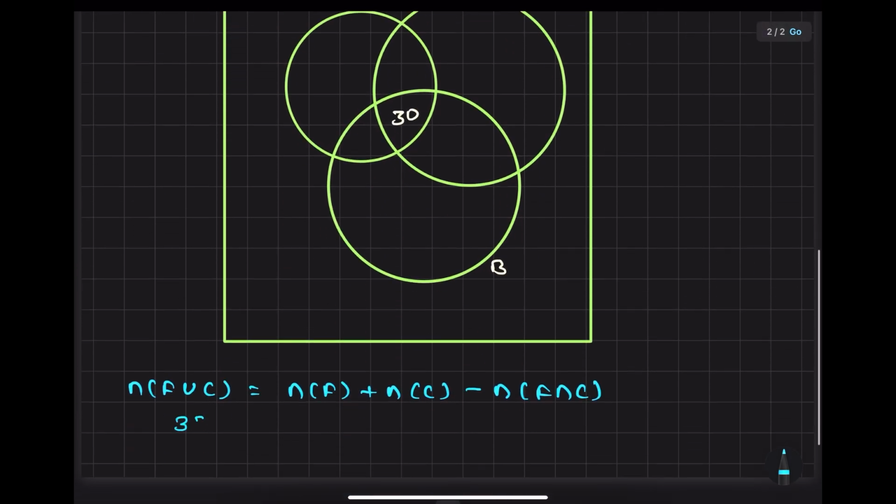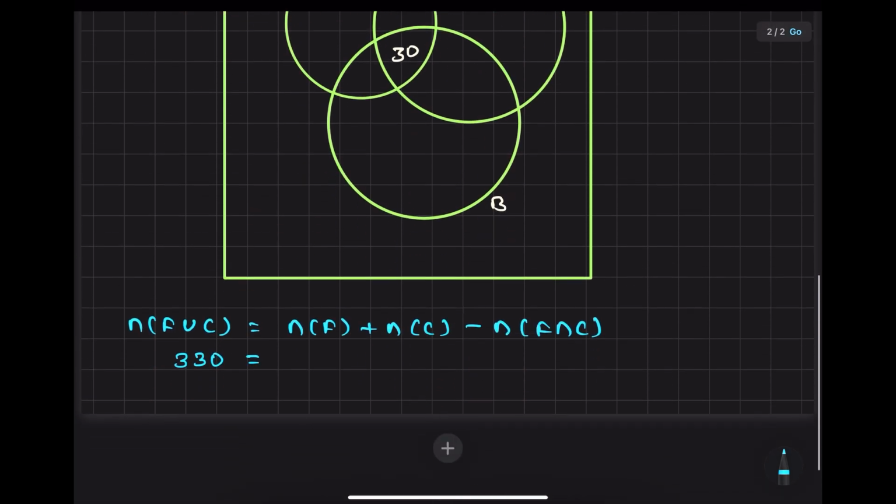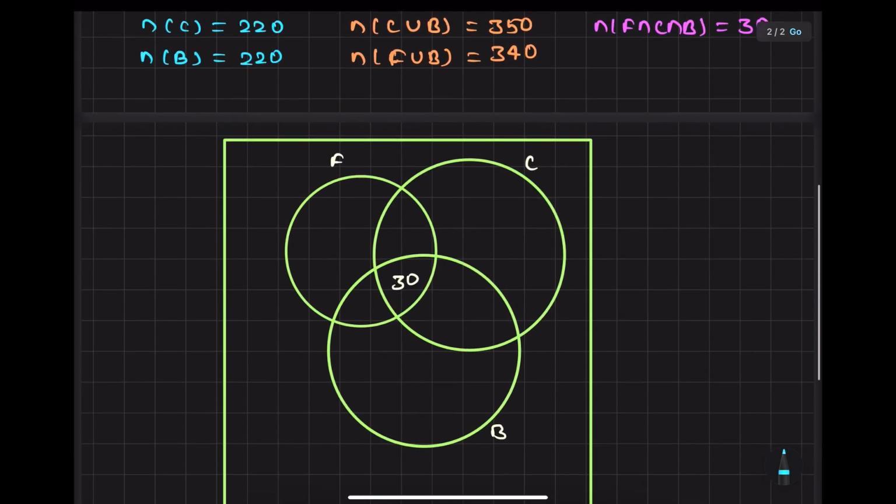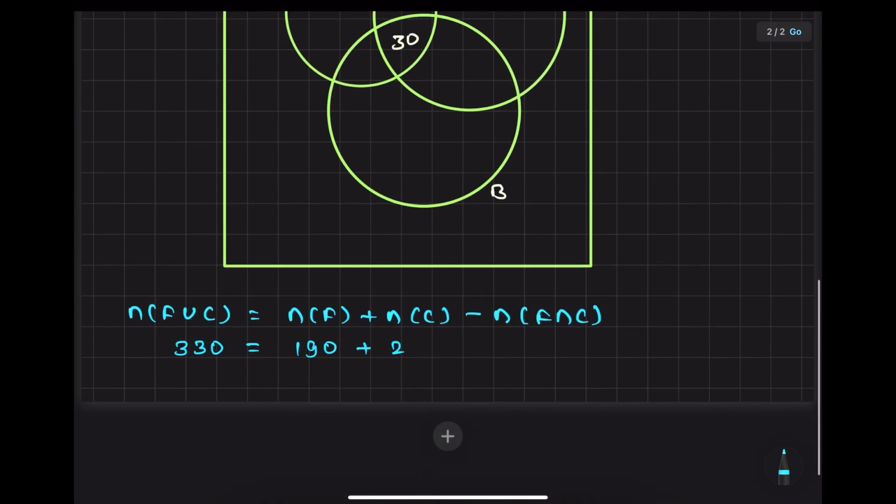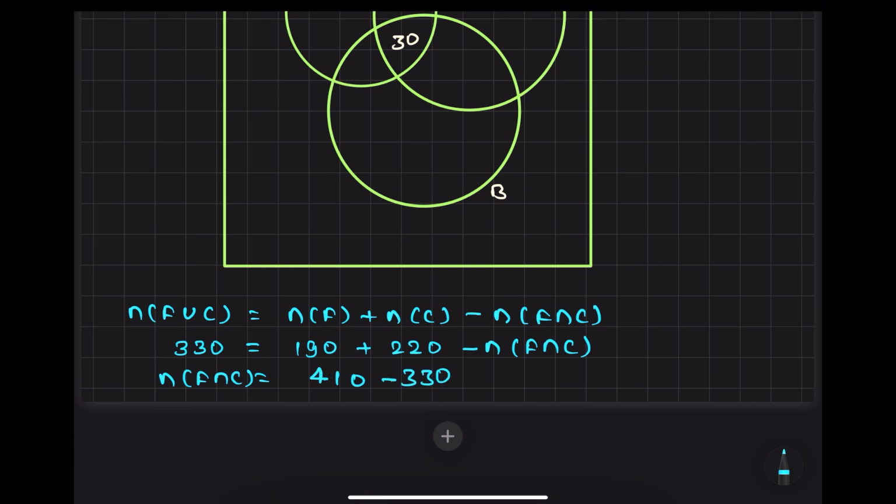So 330 equals N of F, which was 190, plus N of C, which is 220, minus N of F intersection C. So N of F intersection C will become 410 minus 330, so it is 80.